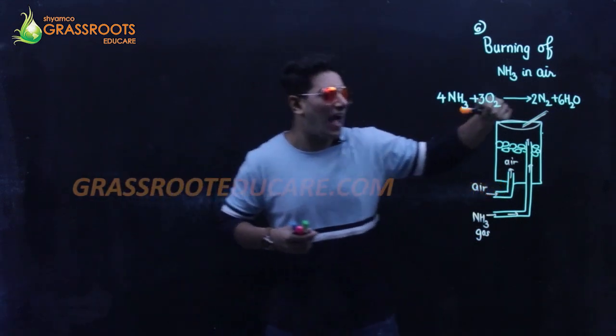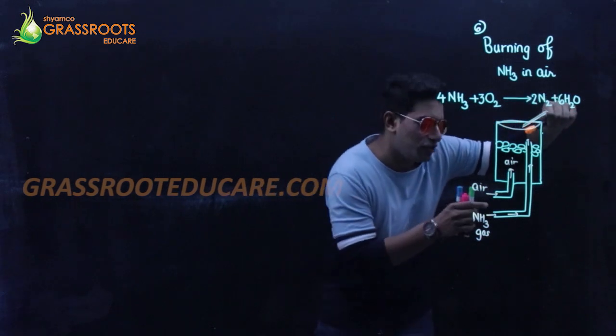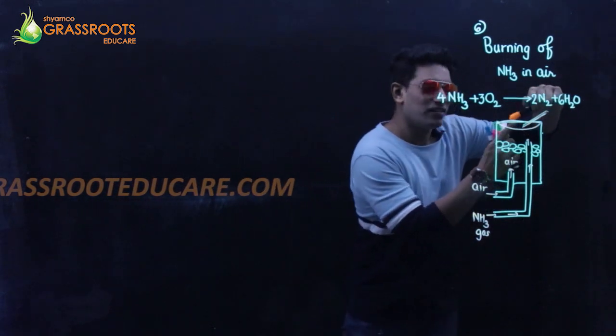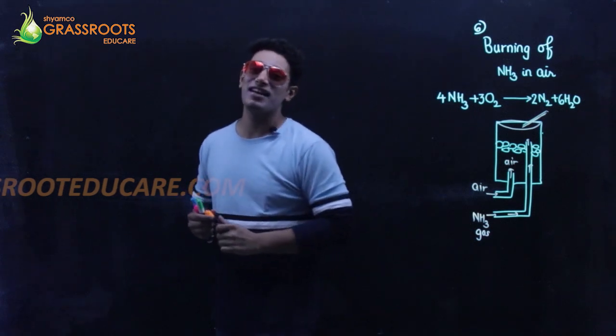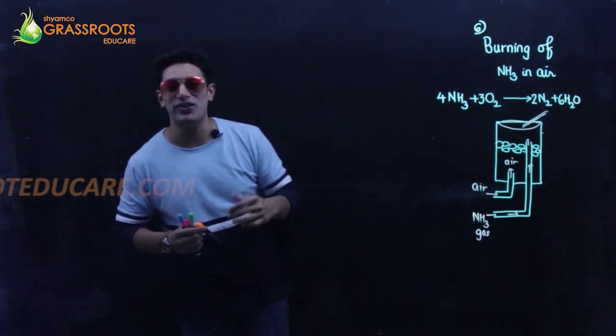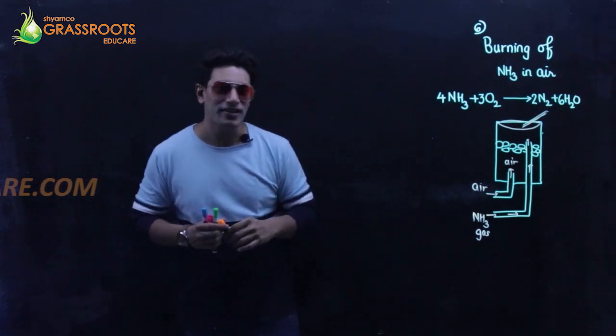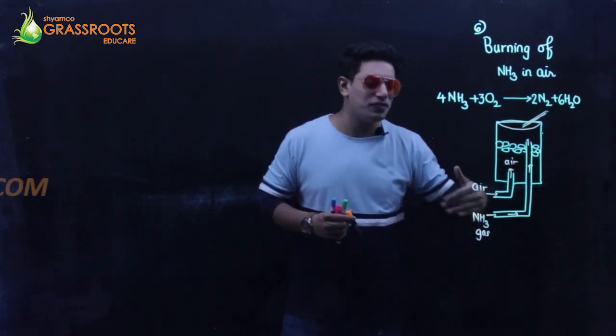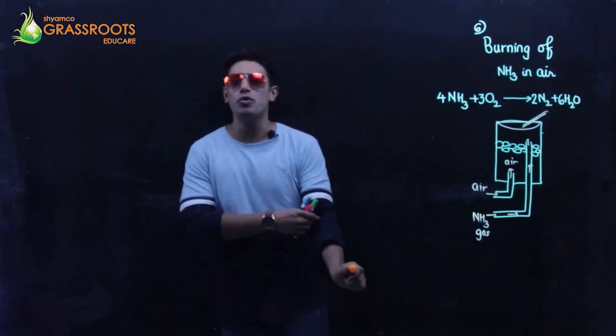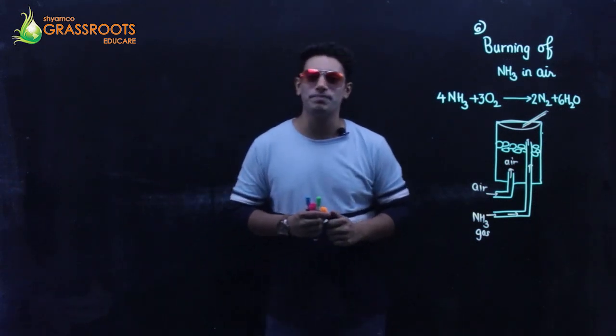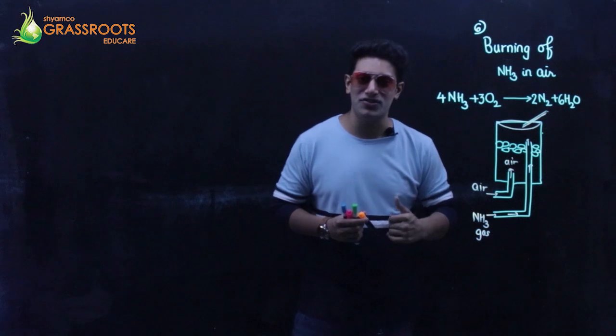I keep it out here, and I pass ammonia gas. The flame extinguishes. The flame does not burn. So can I say ammonia does not support combustion, and it also does not burn on its own.